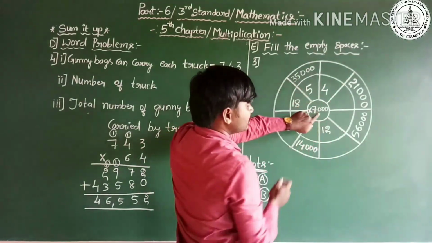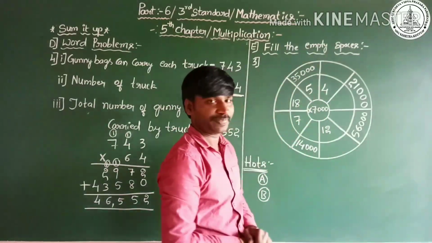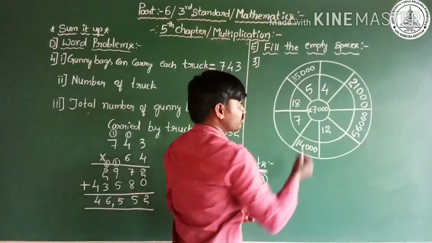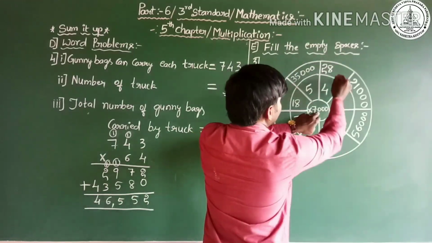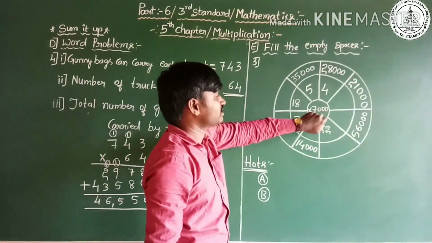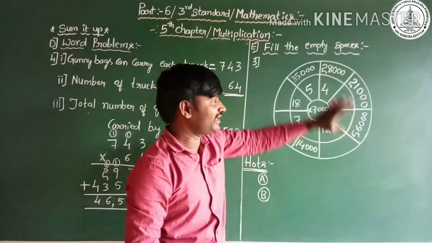The next, how many zeros are there? 1, 2, 3. You put 3 zeros. That's clear. 7 4s are how much? 7 4s are 28. The next, how many zeros? 3 zeros. So 7,000 times 4 is 28,000. Clear.